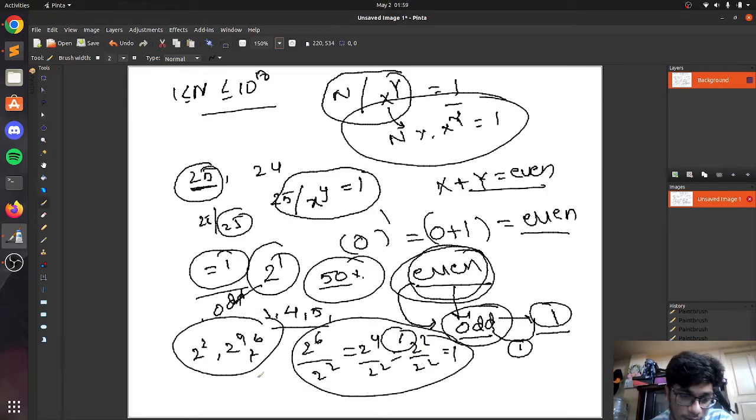You can do it in 3 ways using this, but our total aim is to minimize the number of operations, so the maximum is 2 only: make even into odd, and that odd into 1.